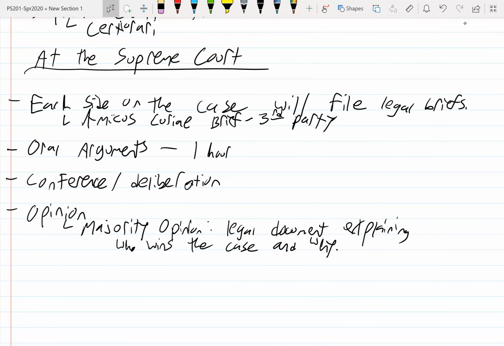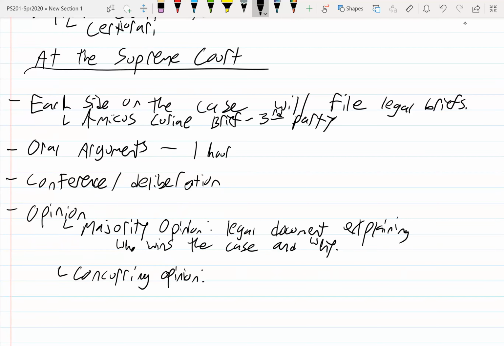This would be sometimes accompanied by what is known as a concurring opinion. Sometimes you'll have a concurring opinion, sometimes you won't, depending on the justices and what they want to do.